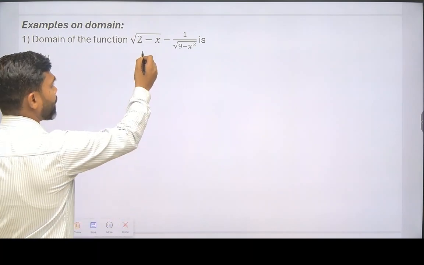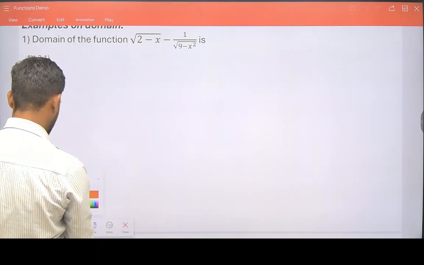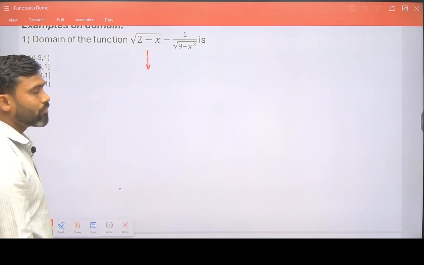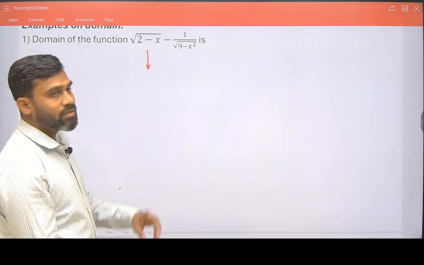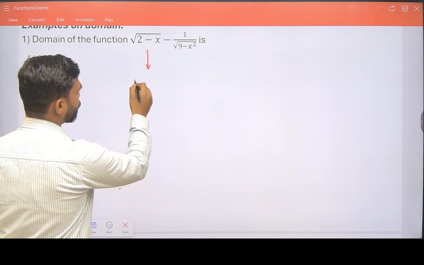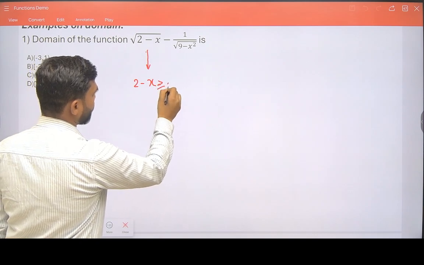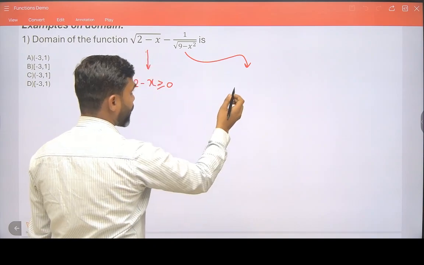So we have got this under root 2 minus x, right? As you can clearly see, this is inside the square root, so it should be greater than or equal to 0, right? And here, let me solve it over here.